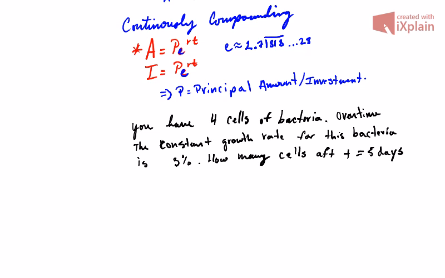Okay, so the amount I'm going to get afterwards is A equals P times e to the r times time. The principal amount was 4 cells of bacteria times e. The constant growth rate was said to be 0.3, so 0.03, which is 3%, times 5 days.